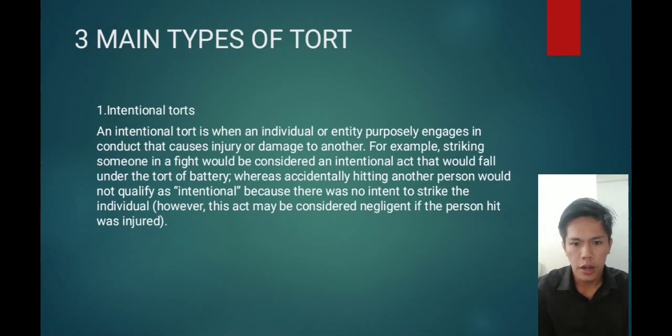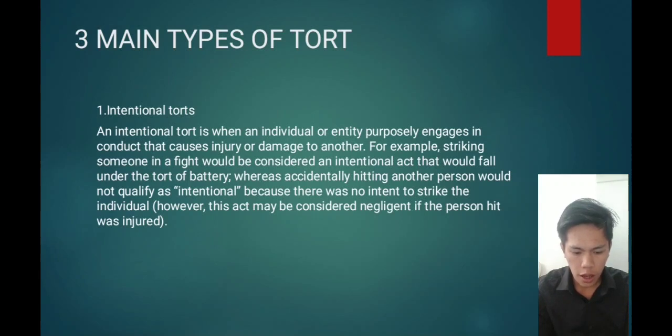For example, striking someone in a fight would be considered an intentional act that would fall under the tort of battery, whereas accidentally hitting another person would not qualify as intentional because there was no intent to strike the individual. However, this act may be considered negligence if the person hit was injured.